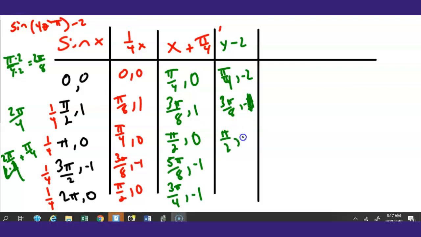Pi over 2, negative 2, 5 pi over 8, negative 3, and 3 pi over 4, negative 2, there we go. All right, so this is how you're going to plot it. These are your x values that we use, all right? So you go to the graph.